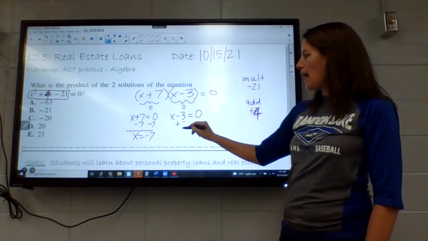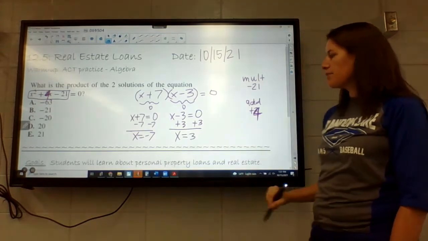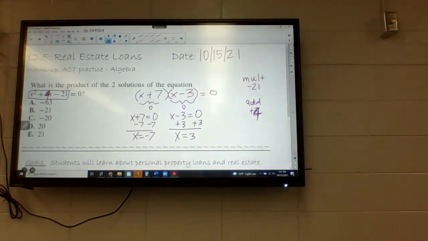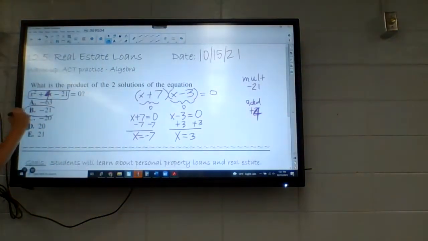And then I'm going to add 3 here, and x ends up being positive 3. Then when I get those two answers, they want me to multiply them together. So that's why I think they wanted us to do letter B. But like I said, that's just so bizarre. I swear I pulled this from a practice ACT test. But whatever, I suppose the ACT can make mistakes, but hopefully it wouldn't happen on the actual test.